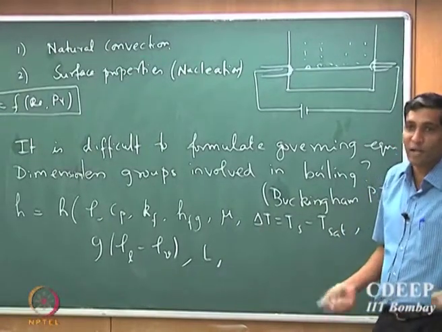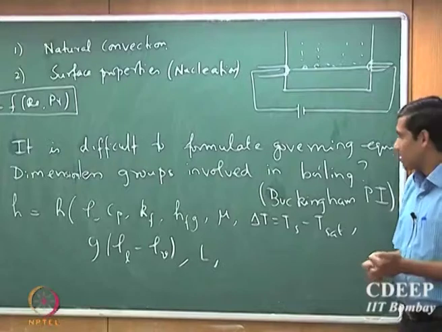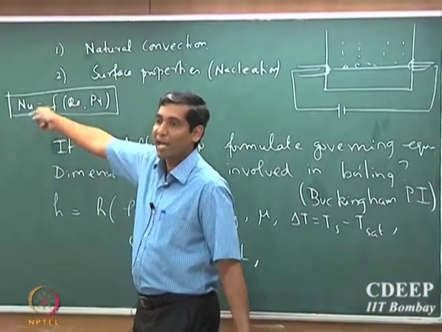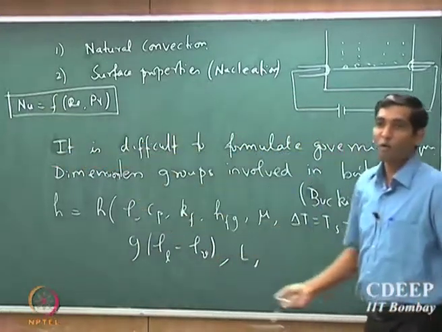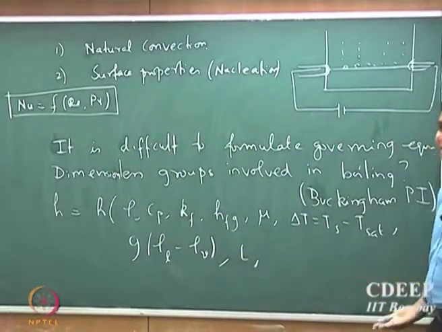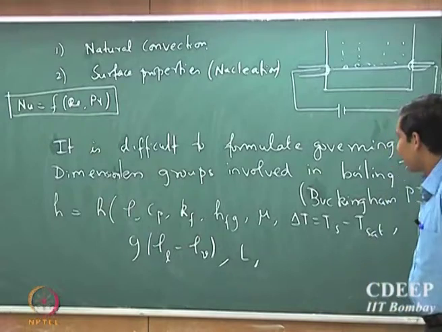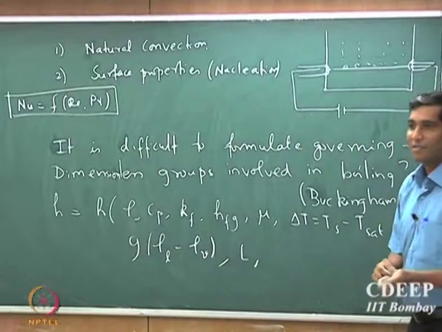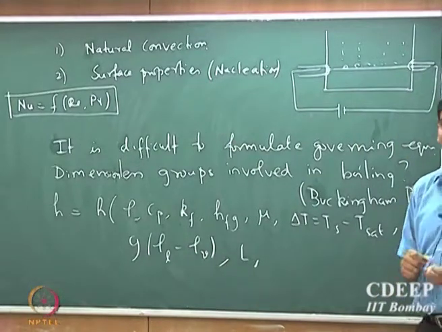So it has to be a function of the length. Remember, for the Nusselt number, you have hL by k, or hD by k if it's a polar coordinate system. Okay, what else? We've got viscosity, we've got sensible heat, we've got rho. This is another important aspect.